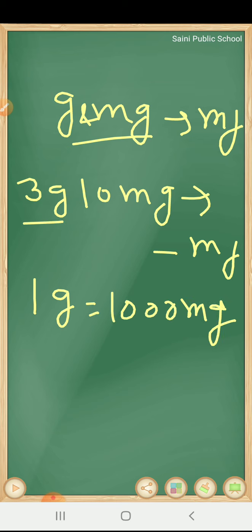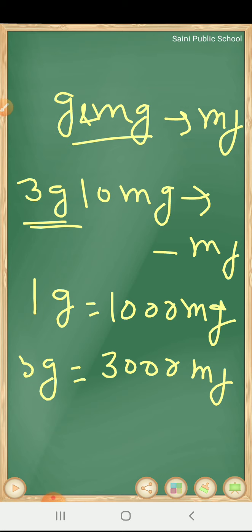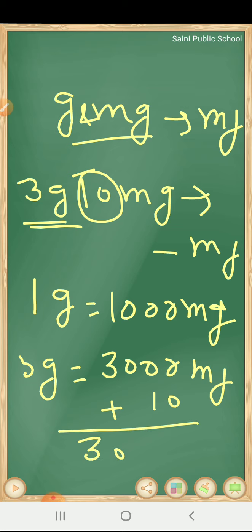So 3 gram is equal to 3000 milligram. But 10 milligram is already given to us, so we will add these 10 milligram to our answer. So our answer is 3010 milligram. In this way we can convert bigger units into smaller units.